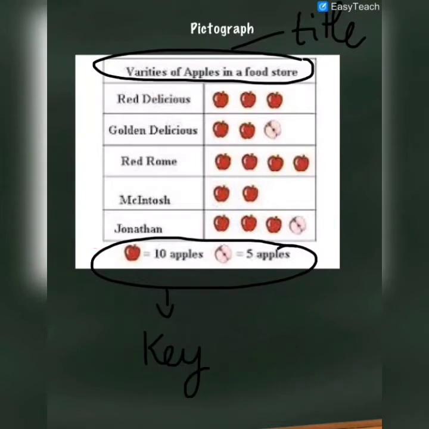Here you can see in front of red delicious apples there are 3 images. So how many apples are there of red delicious variety in the food store?